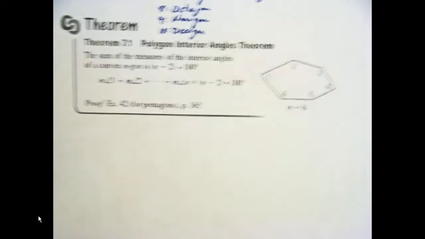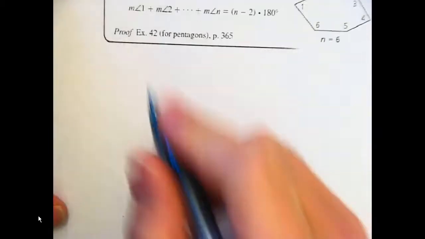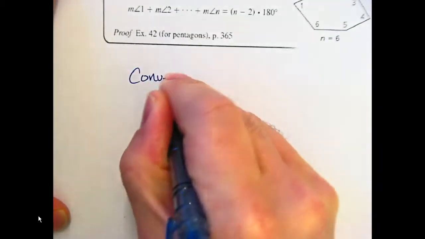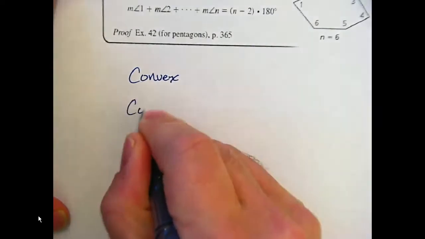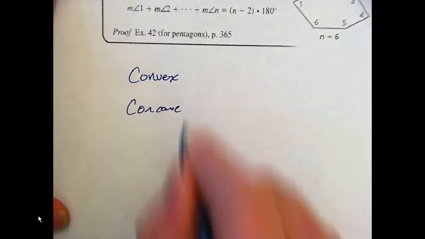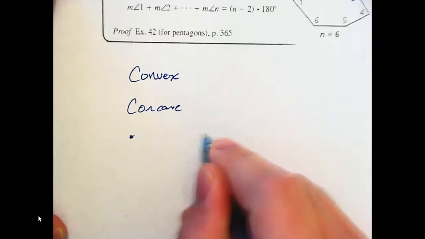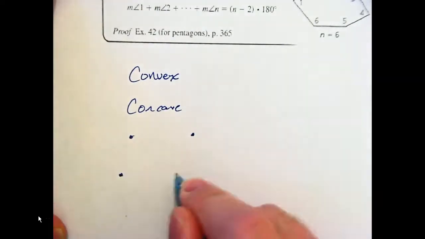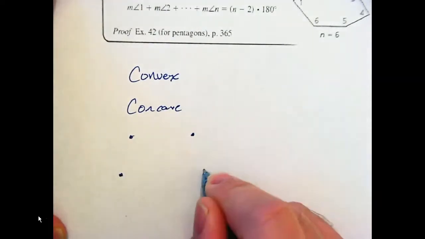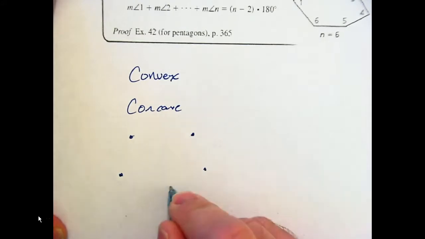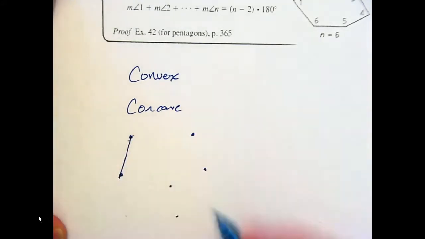Okay? I like to think of it this way. There's 2 different things. There's convex, and if it's not convex, it's concave. And the way I like to think about it is concave is like if I'm stranded on an island somewhere, I'm looking for shelter. I'm kind of looking for a cave.